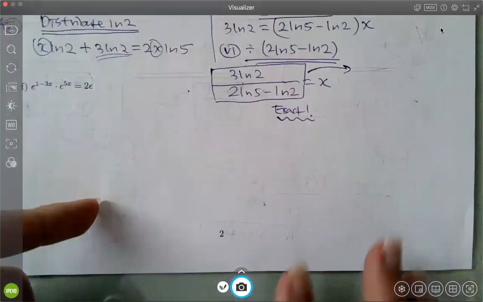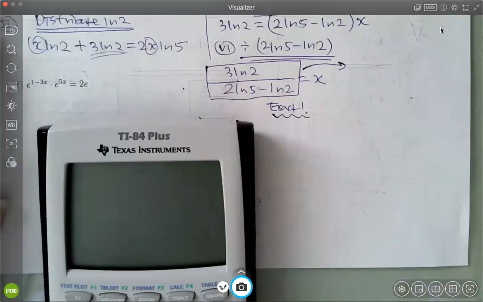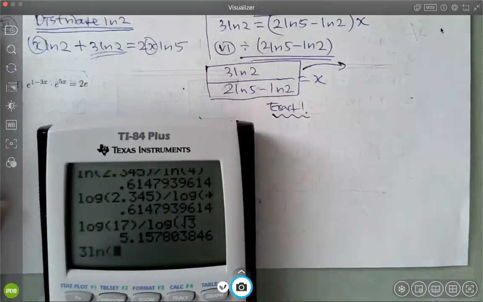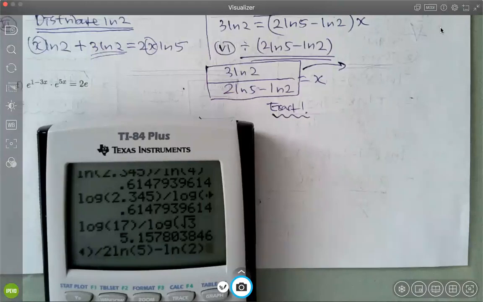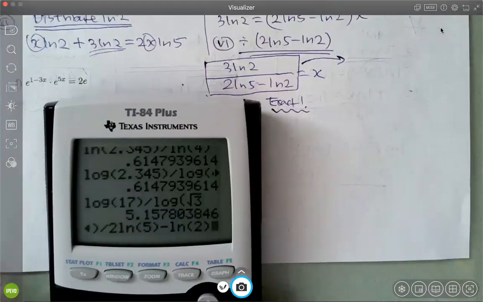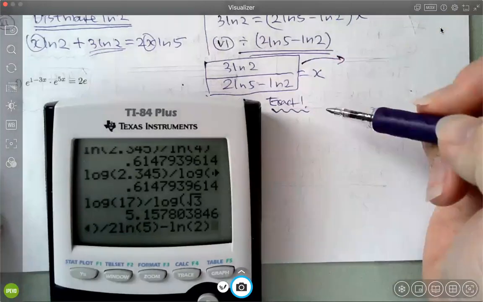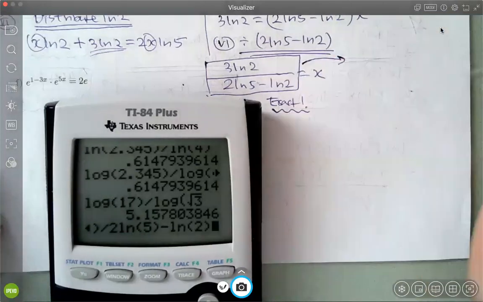Be a little bit careful, because if you just do 3 ln 2 and then divide it by 2 ln 5 and then minus ln 2 like this, our calculators think what I mean is 3 ln 2 over 2 ln 5 and then you subtract ln 2 in the back.